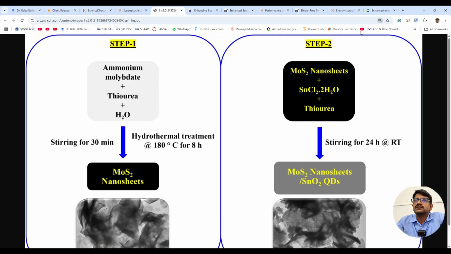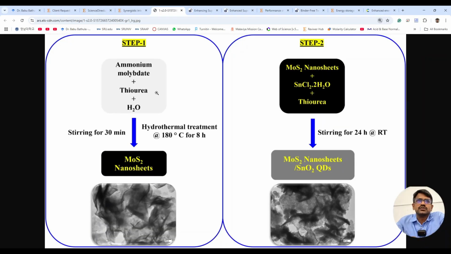In the first step, I prepared MoS2 nanosheets. Then I treated the MoS2 nanosheets with tin chloride and thiourea to prepare MoS2 nanosheets with SnO2 quantum dots.